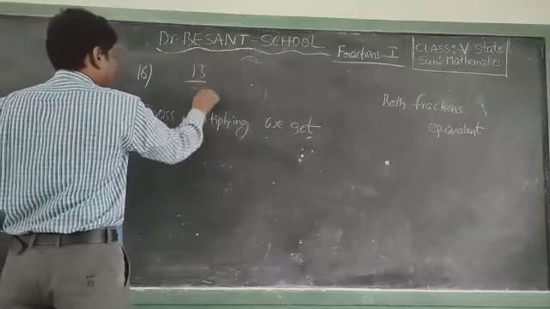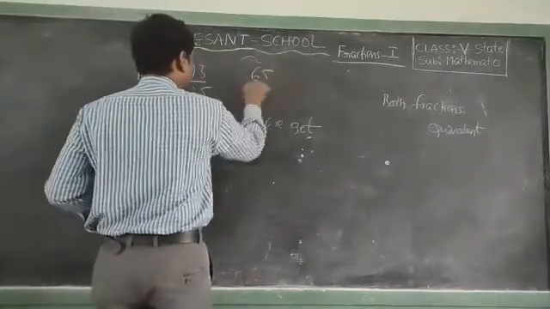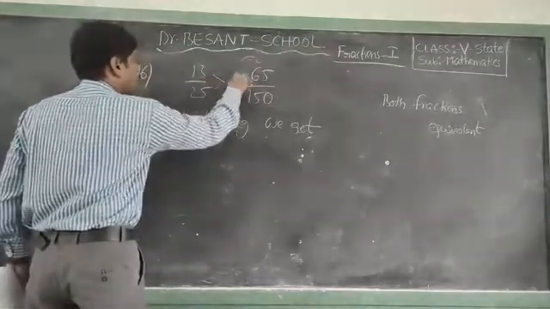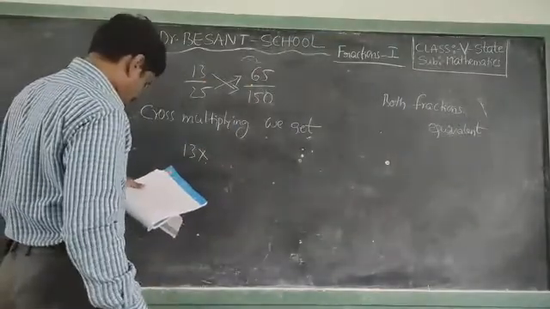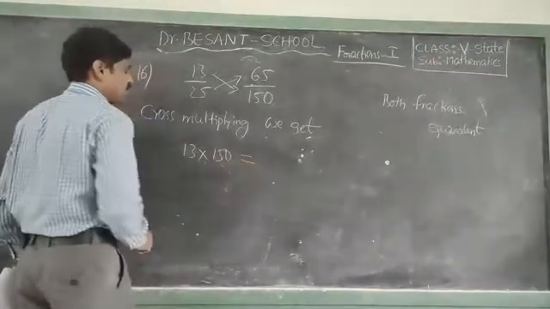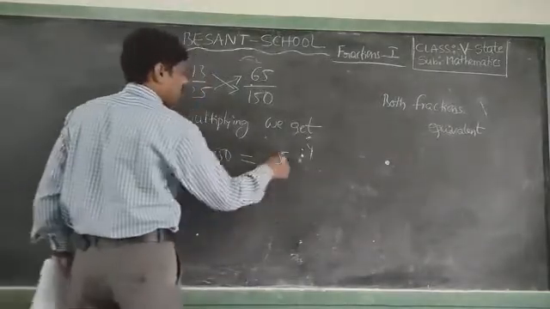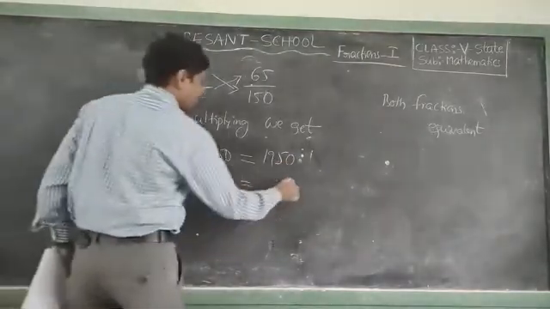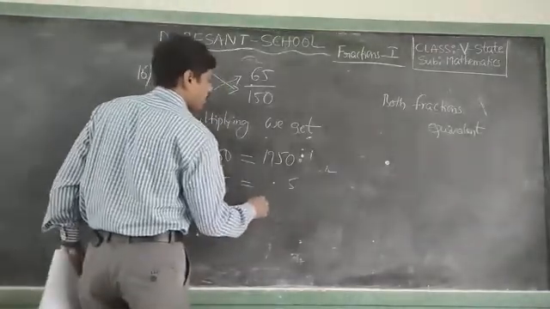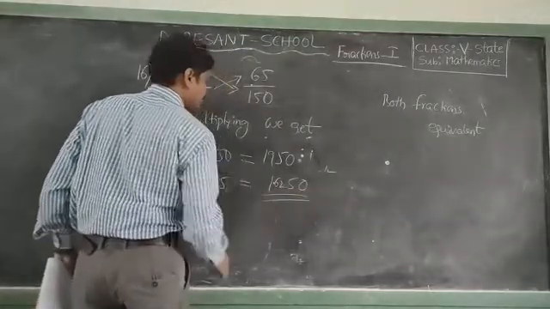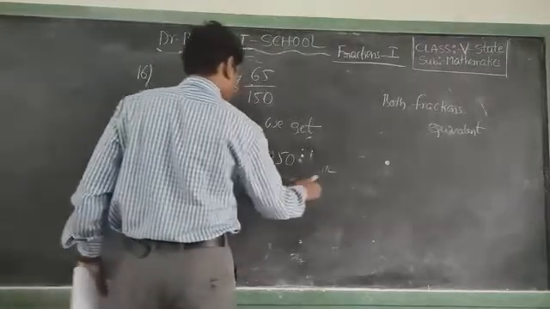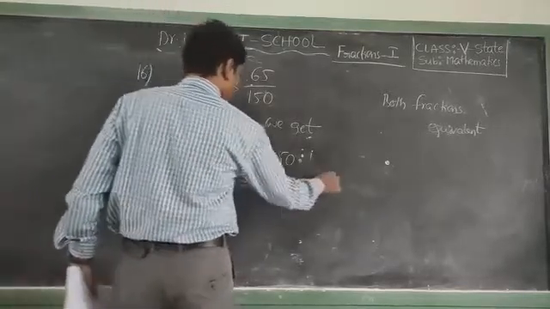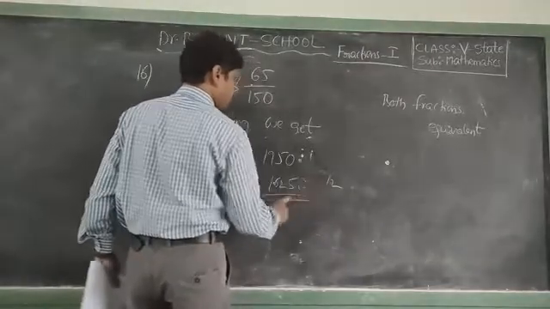13 by 25 and 65 by 150. So cross multiplication: 13 into 150 is 1950, and 25 into 65 is 1625.